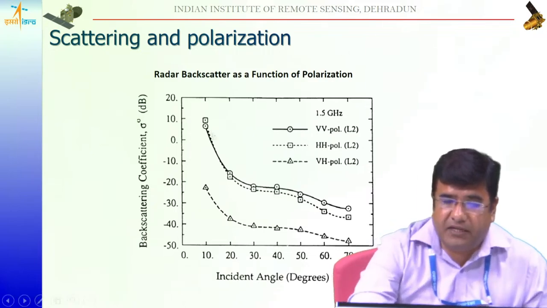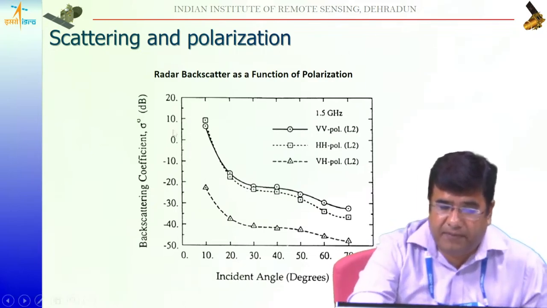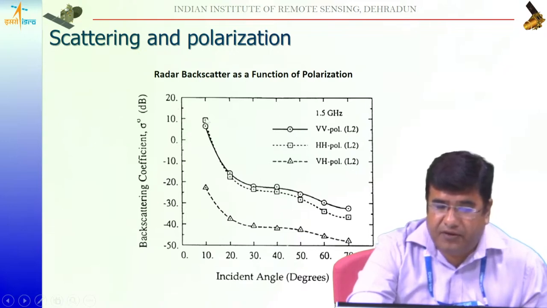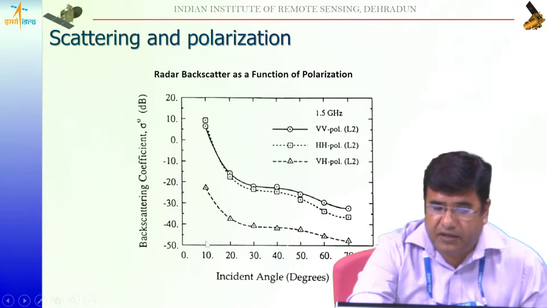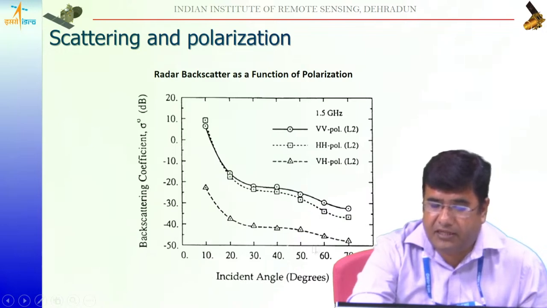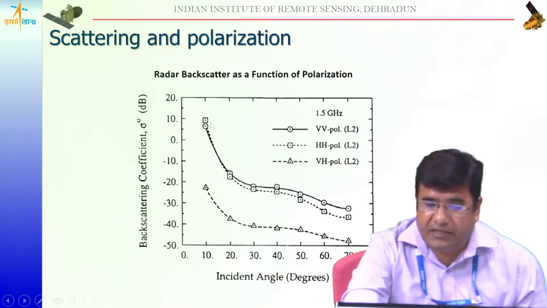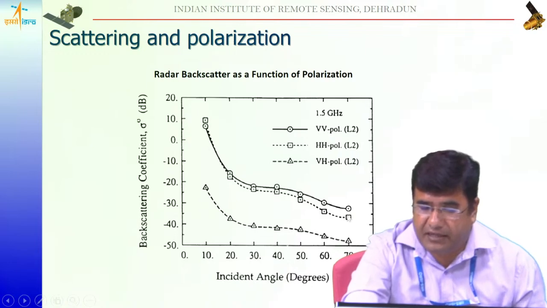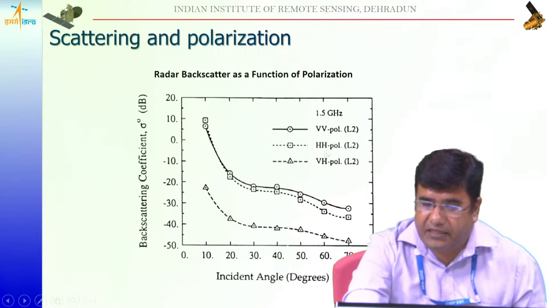So normally you can see this is the backscatter coefficient values, and this is the incident angle. From low incidence angle to high incidence angle, we can see the backscatter is decreasing. And in different polarizations, the VV polarization is higher as compared to HH and VH.